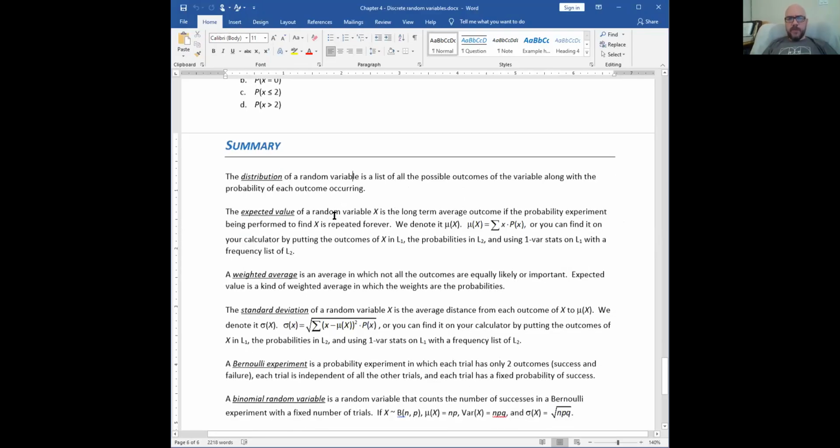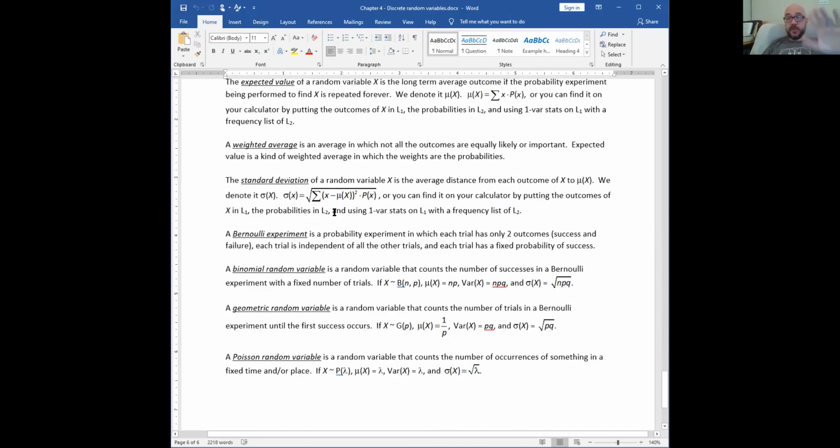So a couple tips. Number 1, the probability of everything added up is 1. Therefore, you can use the complement rule really easily, and sometimes it's really helpful. Sometimes if you're doing this on the calculator, it's even necessary, like if you don't have the formula handy. I feel like there was something else I wanted to say. And then we've got 3 kinds of discrete random variables: binomial, geometric, and Poisson.